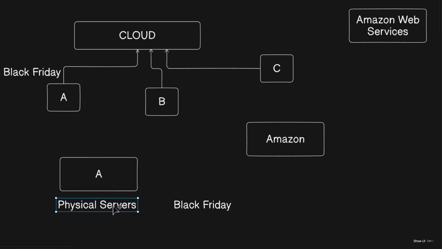So what he said to the team is, can we figure out a way to rent these additional servers for the rest of the year, for the period when there are no sales running, because those servers are just lying there? Can we figure out a way to make money out of these servers? That is what he told his team. And what the team did is they built a website using which someone else can rent their extra computing power.